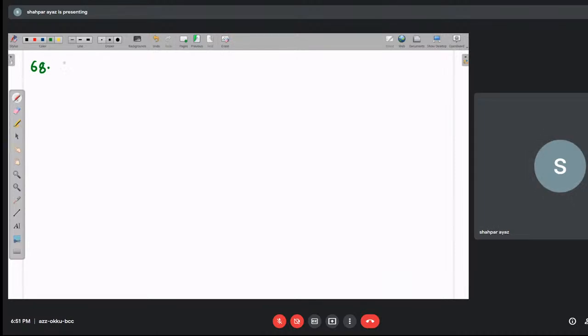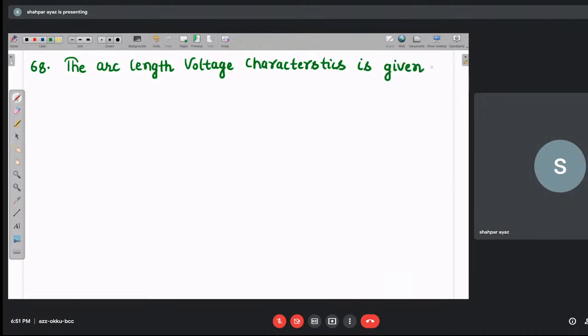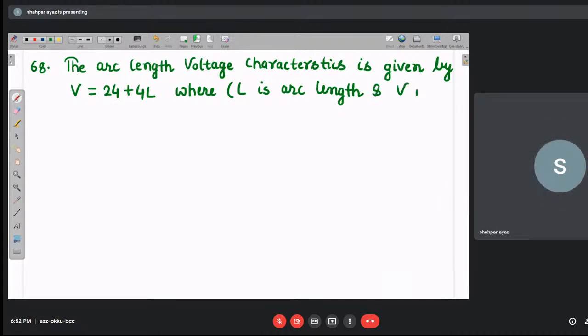The arc length voltage characteristics is given by V equals 24 plus 4L, where L is the arc length and V is the voltage.